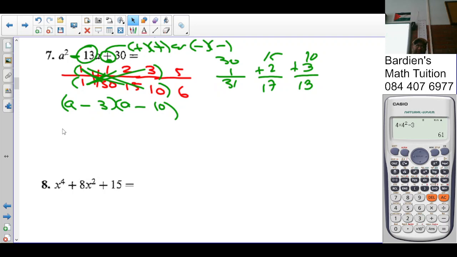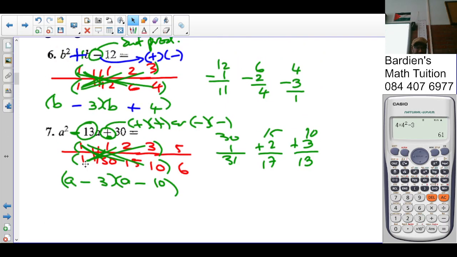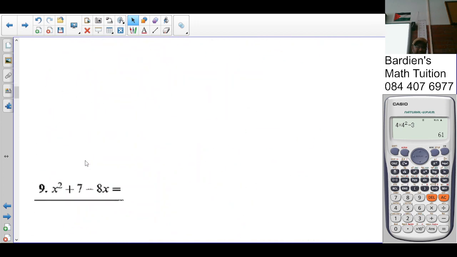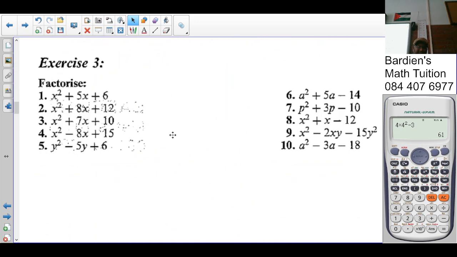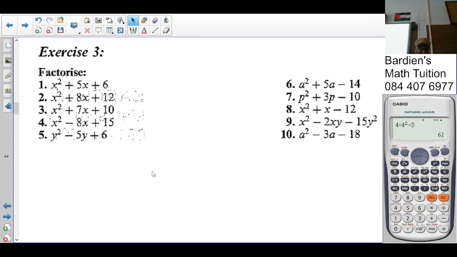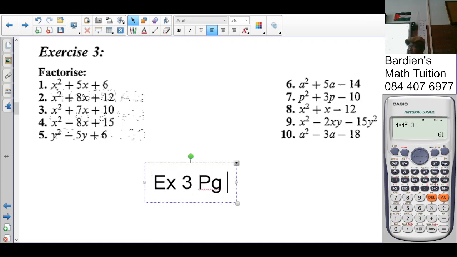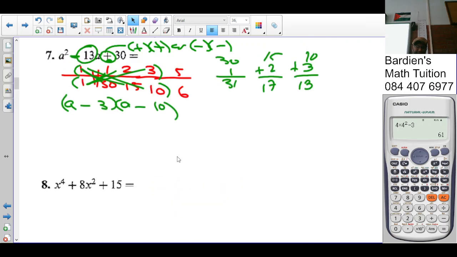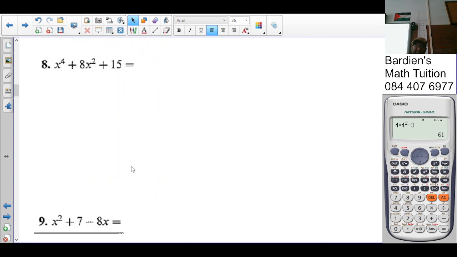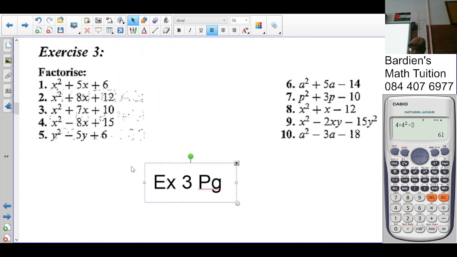So I've given you a couple of sums for homework, numbers 1 to 10, all of Exercise 3, on page 39.